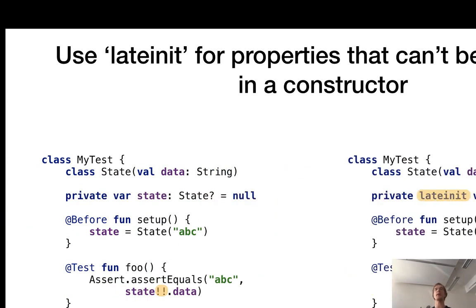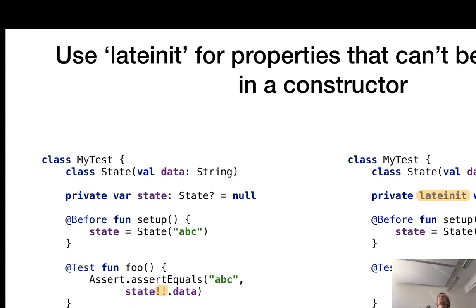I can do better by declaring this as a lateinit property. A lateinit property tells that even though I cannot provide a value at construction time, I guarantee that the property will be initialized with a non-null value at a later point in the life cycle of a class. For example, in the case of an Android activity, this will be the onCreate method. In the case of a JUnit test, this is the setup method.